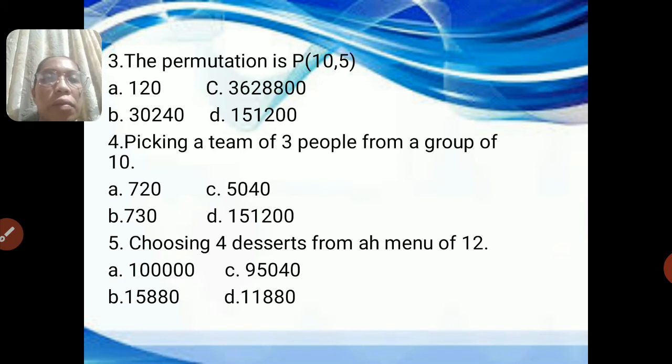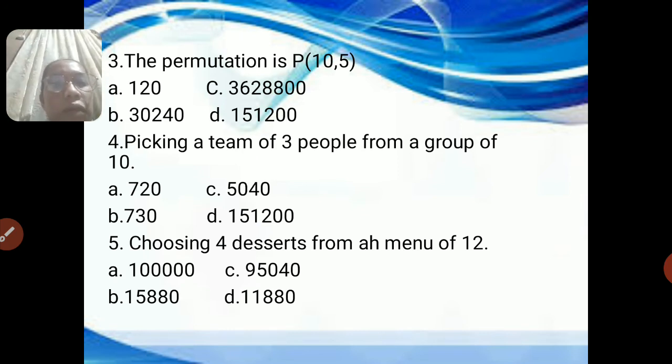And number 4, picking a team of 3 people from a group of 10. A, 720; B, 730; C, 5,040; D, 151,200. So number 5, choosing from a menu of 12.